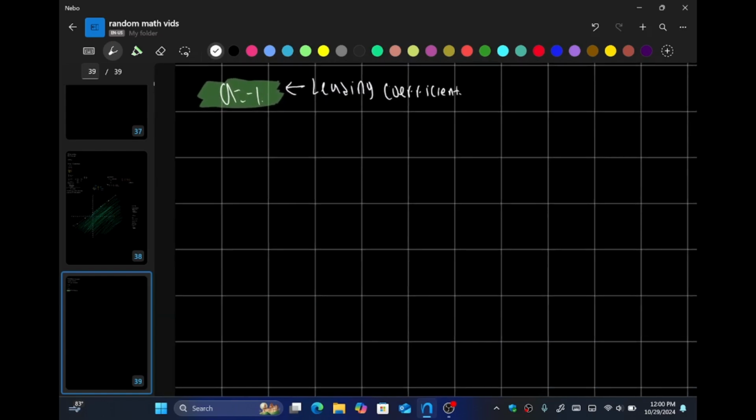So there's the zero factor theorem. I guess that's a good name for it.